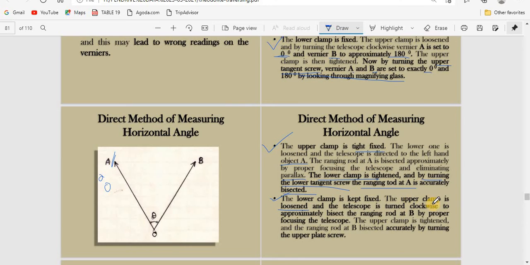Whenever you have to measure an angle, you fix the lower clamp and release the upper clamp, and the telescope is then turned clockwise, because B is on the right-hand side. Then B is approximately bisected by focusing the telescope. Now the upper clamp is tightened and the ranging rod is bisected accurately by turning the upper tangent screw.